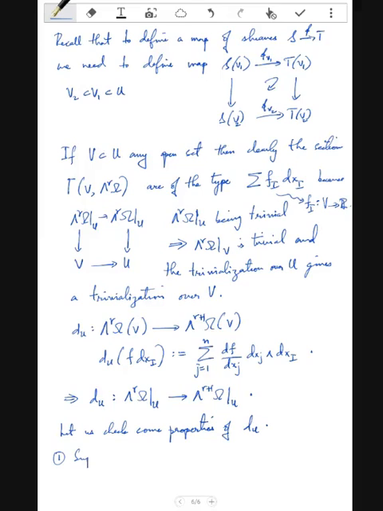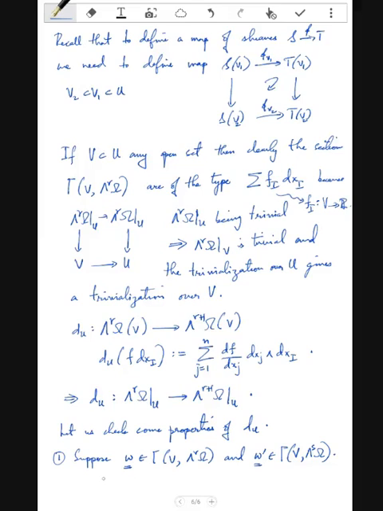Suppose omega is a section over an open set V, which is contained in U, and omega prime is a section in V exterior S omega. So we have an R form and an S form.